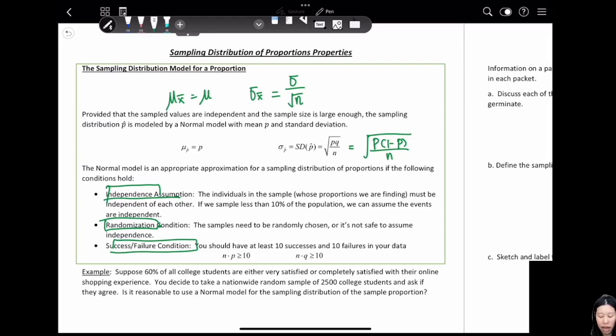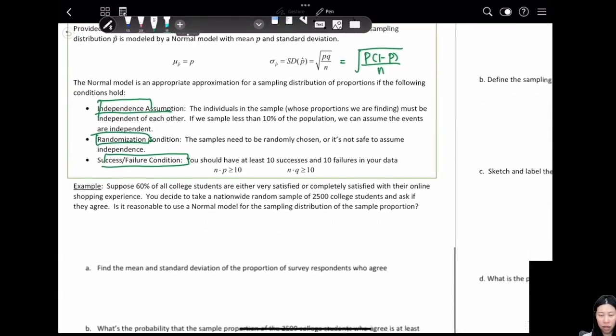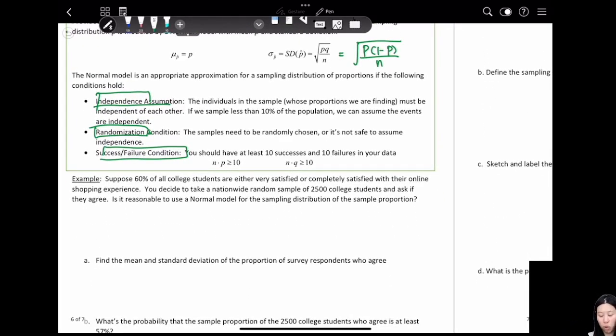That means n, the sample size, times the success rate p should be greater than or equal to 10, and the sample size times q, or n times 1 minus p, is also greater than or equal to 10.